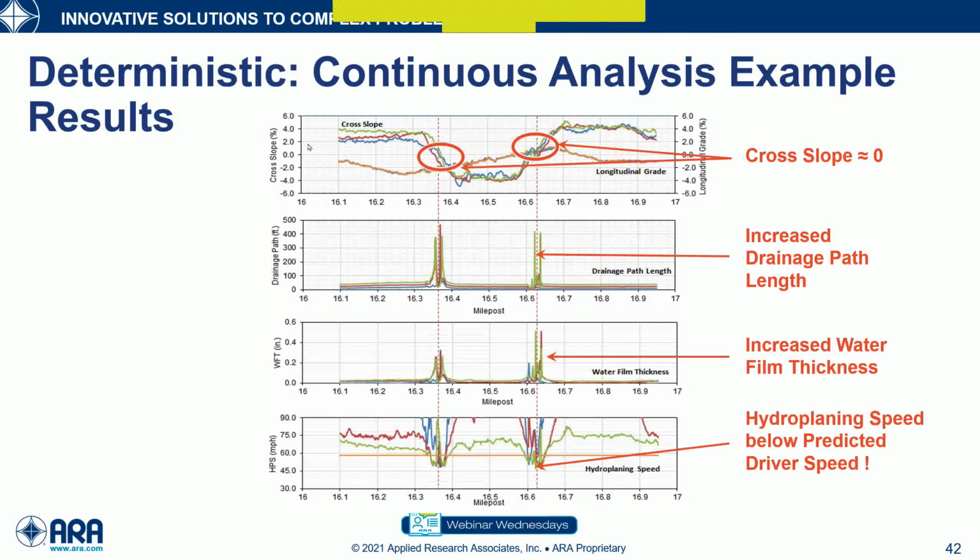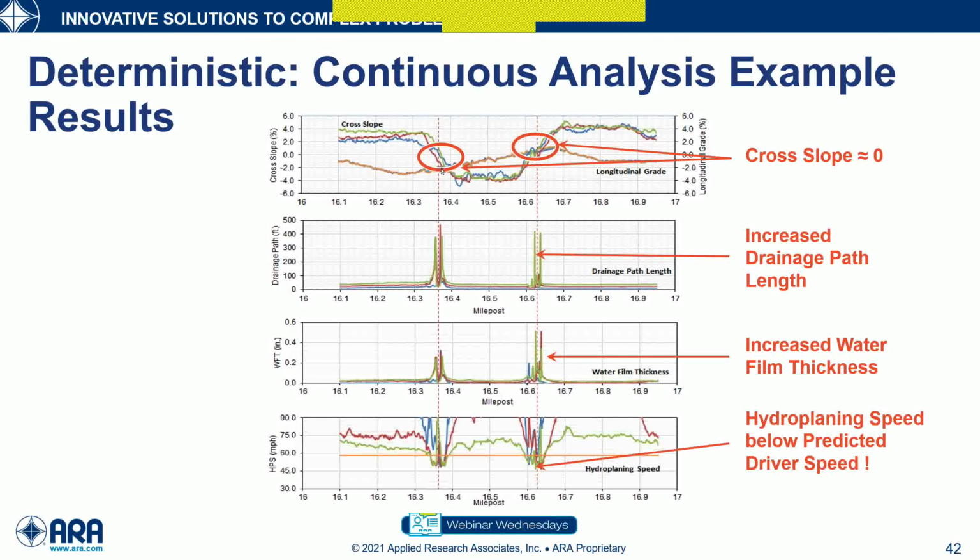So if we say, for example, 2% crossslope, that will be represented by a straight line here. But this is what happens in reality. The crossslope is changing with the milepost or with the distance or station. And there are some transition zones right here, and the grade is also changing.